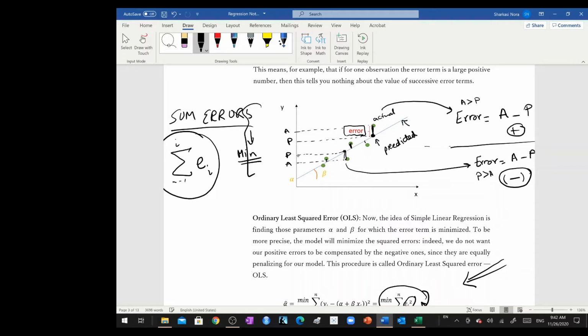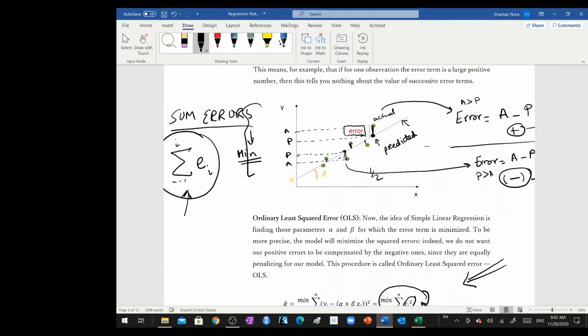The sum of errors is supposed to represent the distance between the point and the predicted line. But it's no longer a very precise prediction because of the difference in signs. One will cancel out the other.